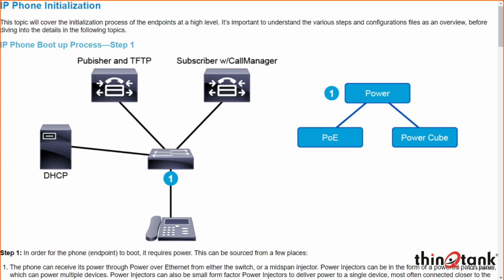Now, if we're using the IEEE standard power, the switch is going to continuously send a small voltage on the transmit pins. That voltage is sent by the switch. It's going to get looped back in hardware from the IP phone back to the switch's receiving pins. The switch has the ability now to detect that inline power is required for the device, and then the Cisco switch generates the port's default power allocation, which is typically about 15.4 watts.